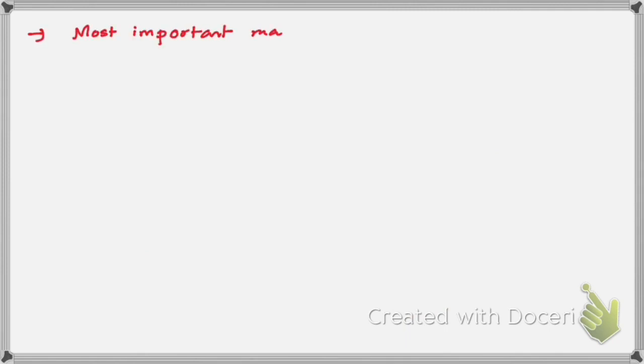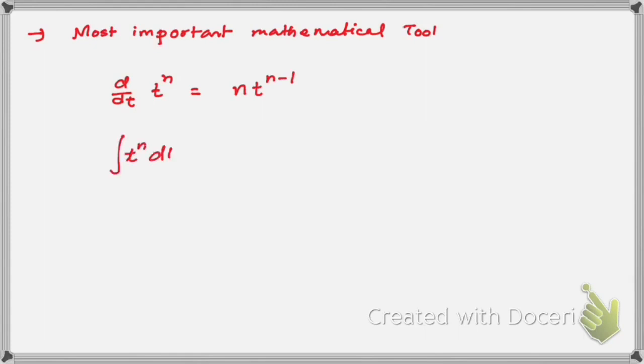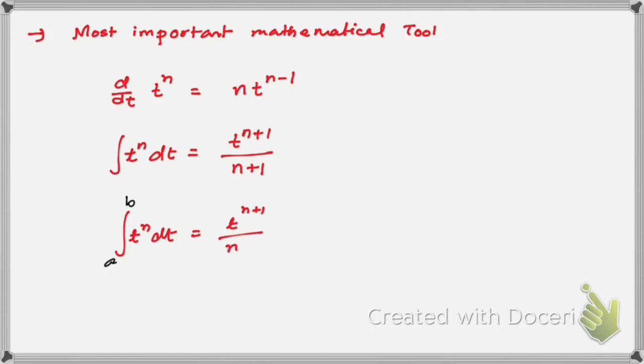Here we need d/dt of t to the power n, right? That's going to be n into t to the power n minus 1. And integration of t to the power n dt is given by t to the power n plus 1 by n plus 1. And if you have upper limit and lower limit from a to b, if you integrate this, then first you have to put the upper limit b in place of t, then you have to put the lower limit.